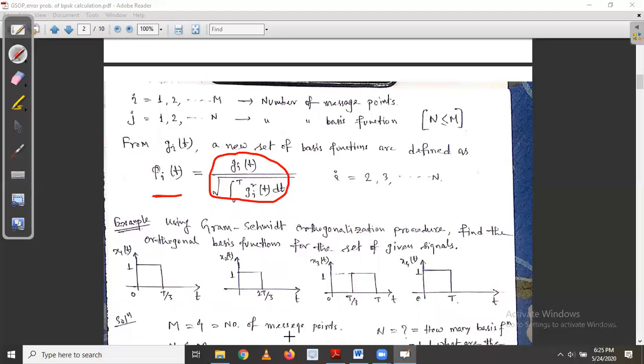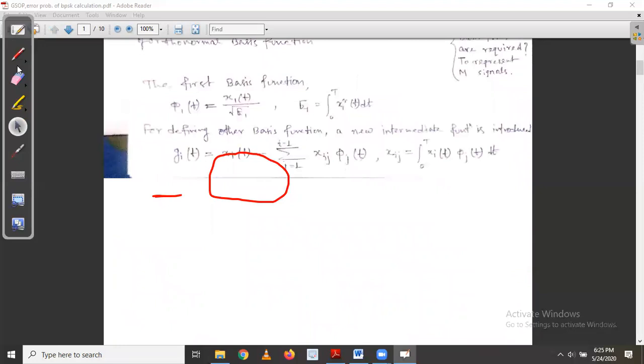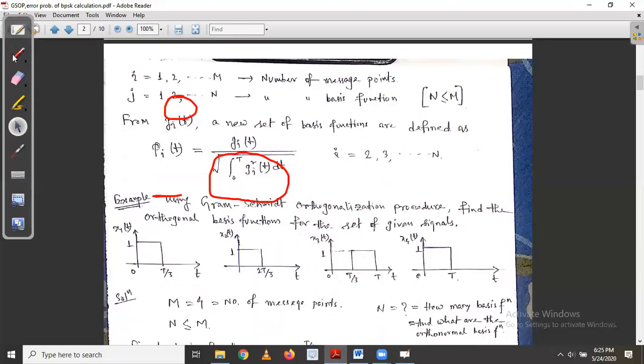That's it. And phi 1 we have already calculated, so this will start from phi 2(t). That is why here it is 2 up to N.